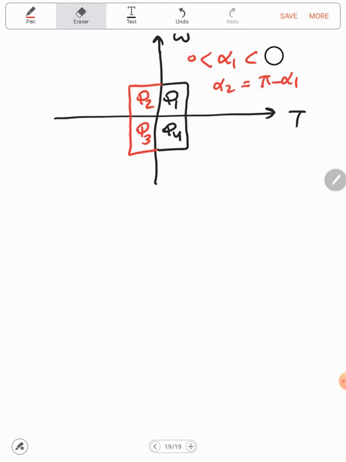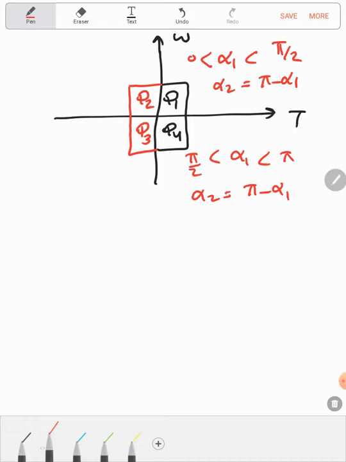So let's use pi over 2 here. Now for Q2, we'll have alpha 1 greater than pi over 2 and less than pi, and alpha 2 is equal to pi minus alpha 1.